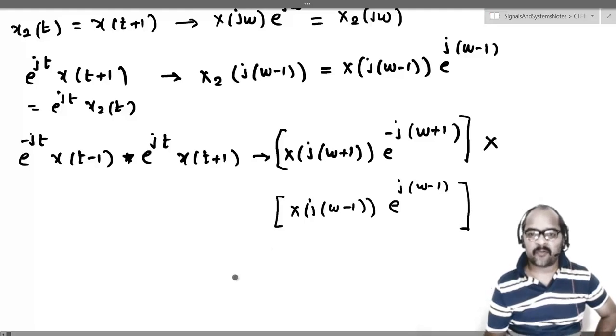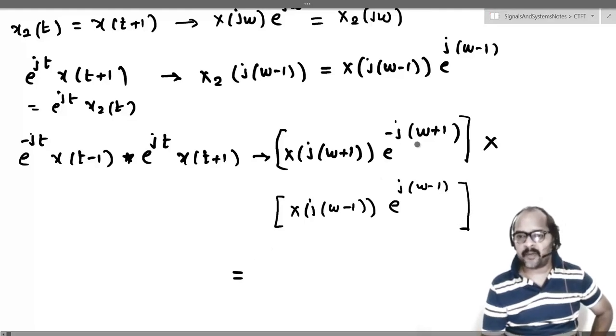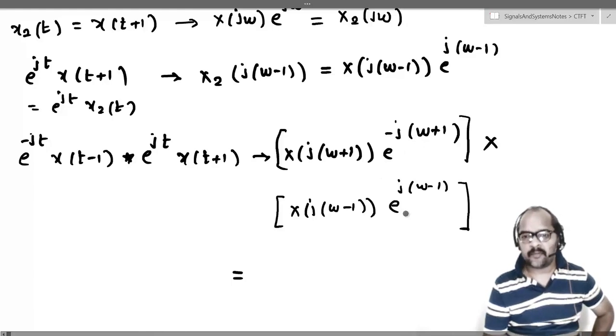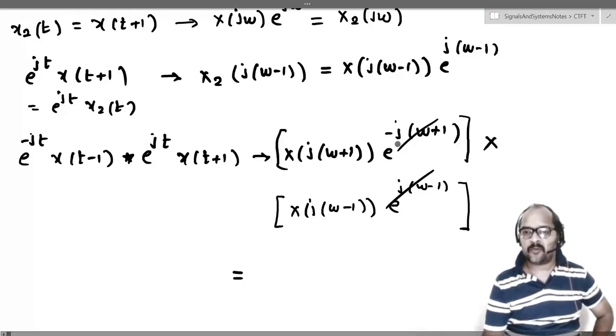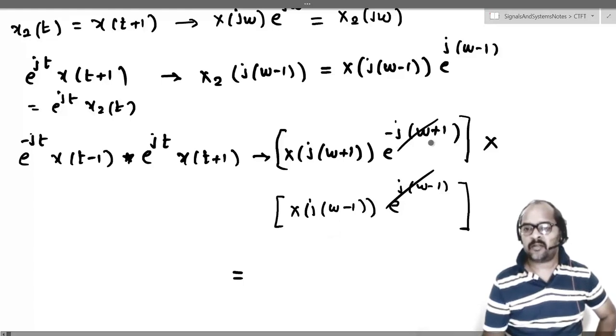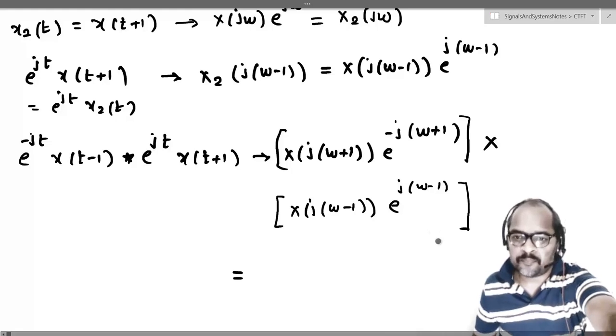Okay, so finally what do we get here? This is the same as e power minus j omega plus 1 multiplied with e power j omega minus 1. So these two will get cancelled out, right? Is that correct? So minus j omega is gone. Here also you get minus, sorry, so they won't get cancelled out.